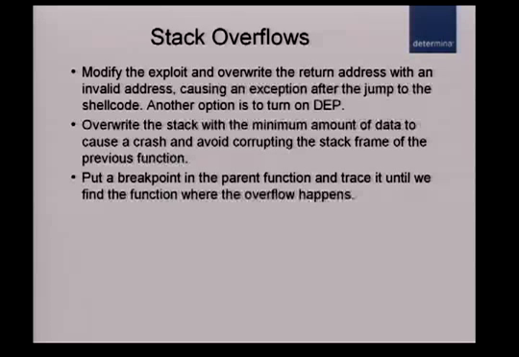If you do this, you'll have a request that overrides just the return address and crashes the application, but the call stack above that will stay uncorrupted, and you'll be able to look at it. The last return address on the stack will point you to the parent function of the function where the overflow happened. So once you have that, you can put a breakpoint there. You can trace through the execution and find the location where the vulnerability is.